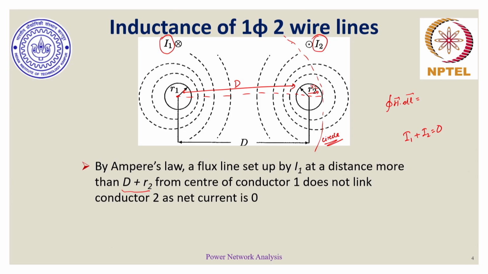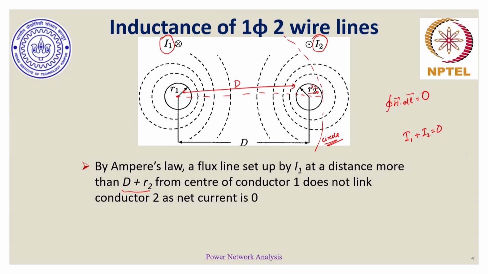So inside this surface, even though there are two conductors, the net current at any point of time is always 0. If the MMF itself is 0, then no matter what distance I take at d plus r2 or more, Ampere's law simply says no meaningful magnetic flux interactions are going to happen for this single phase two wire circuit.